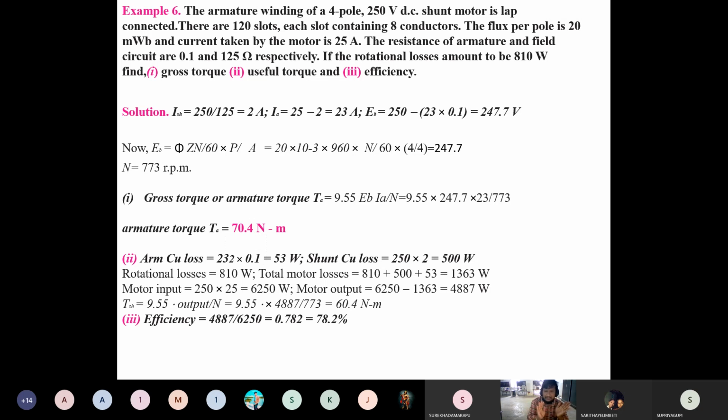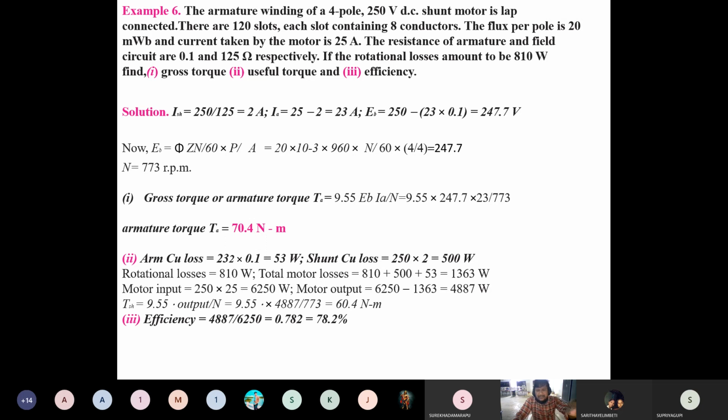One is completed. Second one, useful torque is nothing but shaft torque. So armature torque is equal to useful torque plus lost torque. This is the useful torque, TSH is equal to 9.55 into Eb Ia by N. This is the useful torque or shaft torque, right?